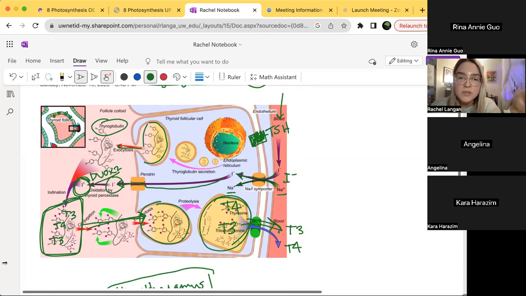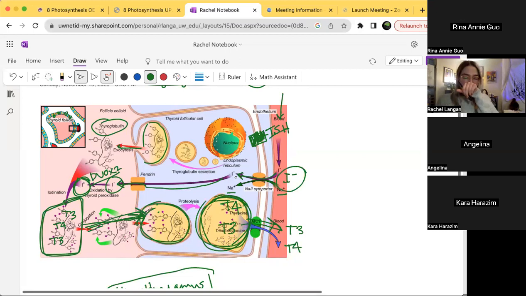Yeah, the TSH receptor activates the thyroid, and when it activates the thyroid, that's signaling to the thyroid, oh, I need to release T4 and T3. And in order to do that, I need to bring this guy in, I need to break it up, and then I need to release them. So the TSH doesn't really affect iodide, it affects this here.